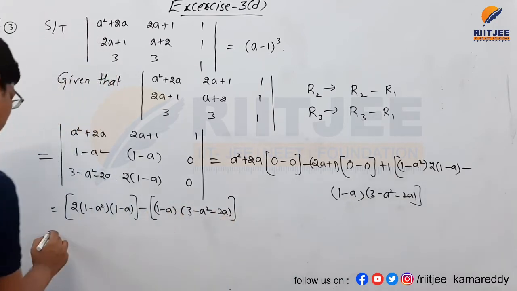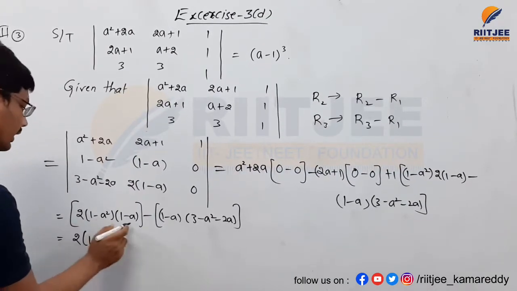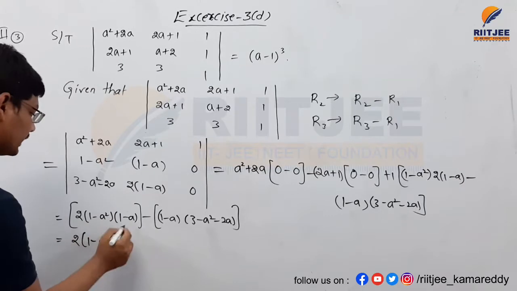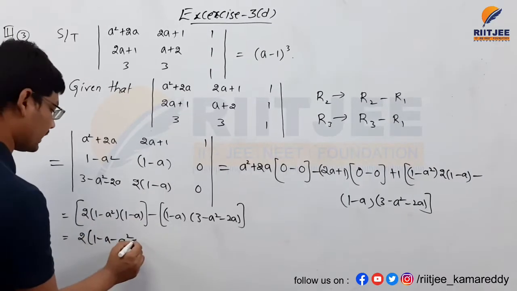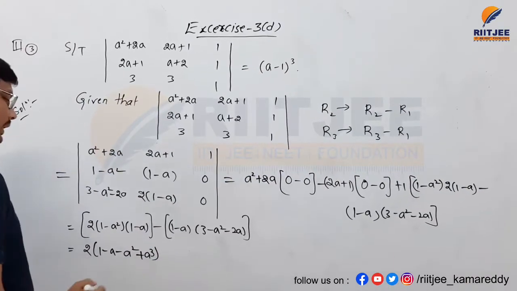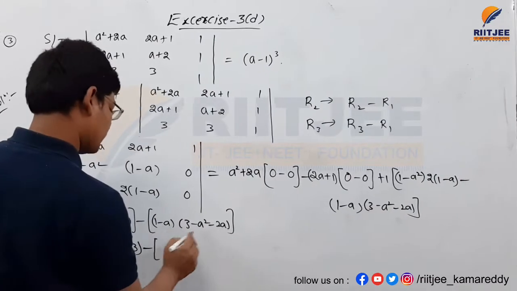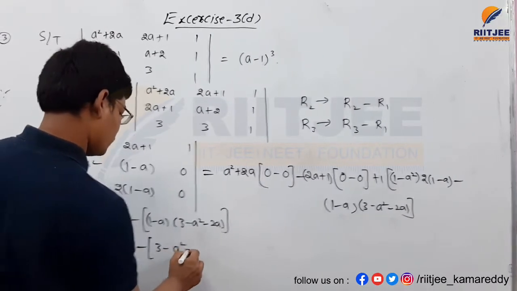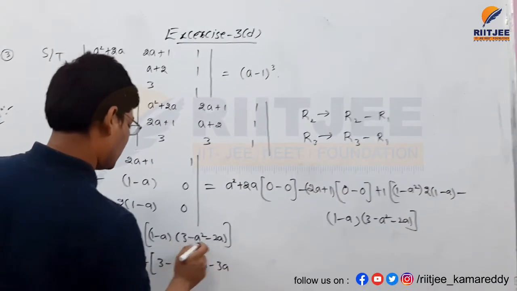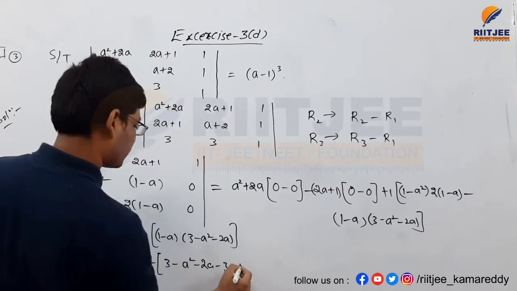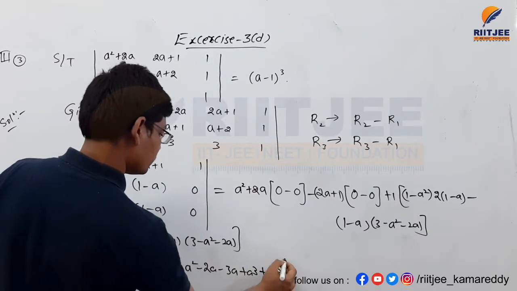So let us multiply here: 2 into 1 minus a minus a square into 1 minus a square, and minus a square into minus a, that is a cube, and minus of 1 into this thing, so I am writing the same, minus a into 3 minus 3a minus a into minus a square plus a cube, minus into minus becomes plus 2a square.